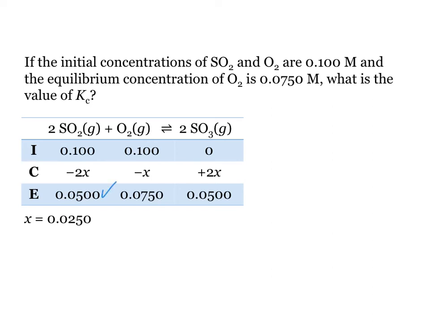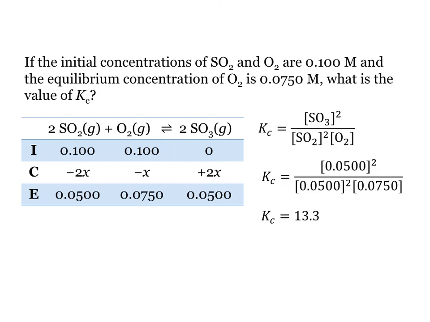The concentration of sulfur trioxide at equilibrium is 0 plus 2X, or 2 times 0.0250 molar, to give us 0.0500 molar. Now we're ready to put it all together to calculate the equilibrium constant, K sub C. Plugging in the equilibrium values, we see that K sub C is equal to 13.3.